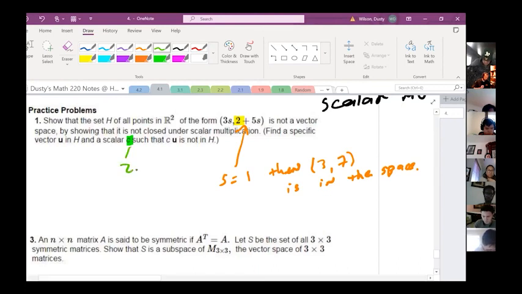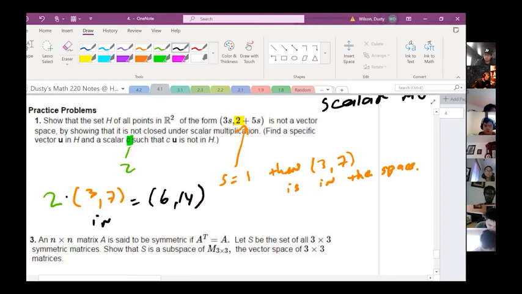Let's not overthink. So what we're asking is, is 2 times 3 comma 7 equal to 6 comma 14 in the space?